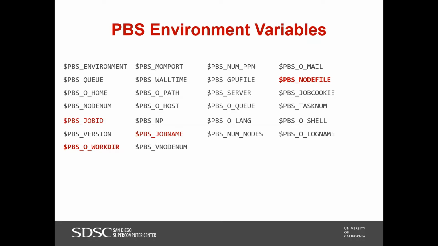In your job script, you can just use cd and this environment variable, and once the job starts, you will go to that directory where your job script is saved.